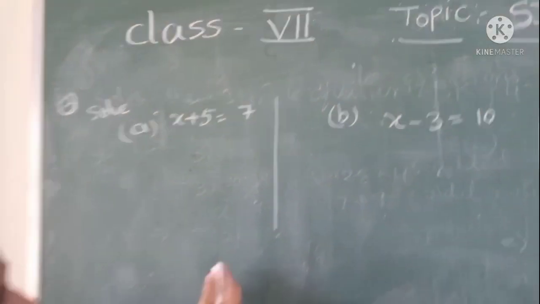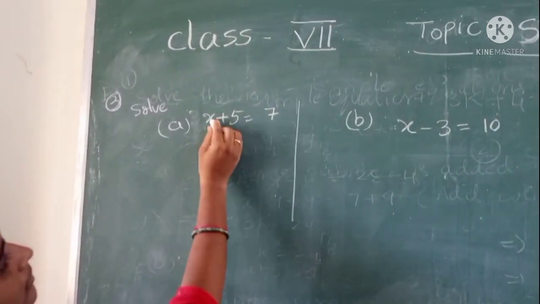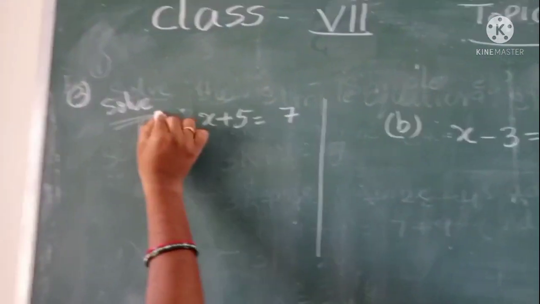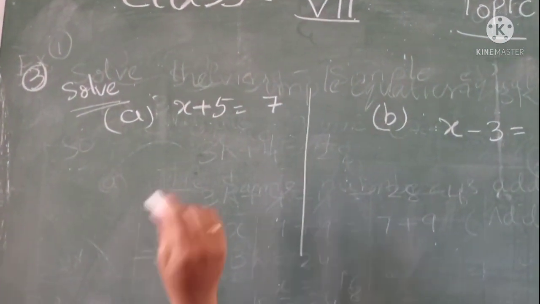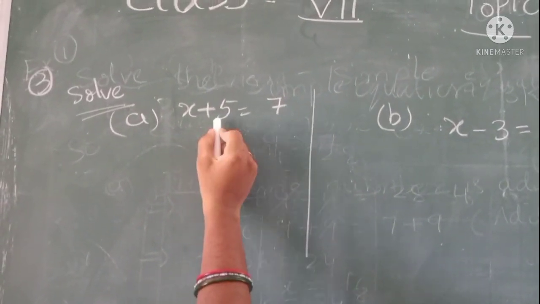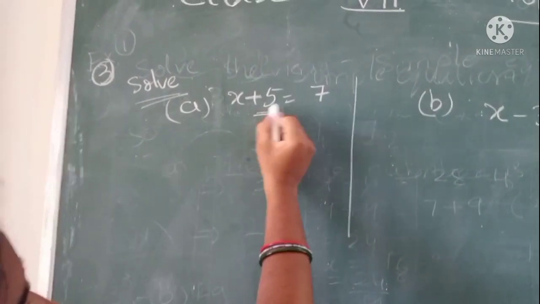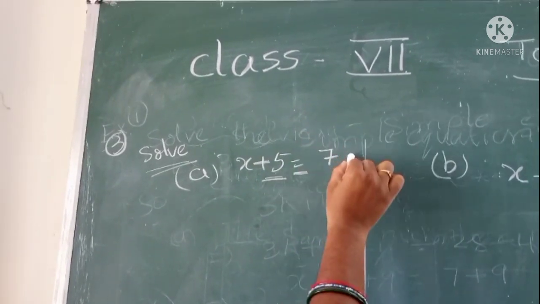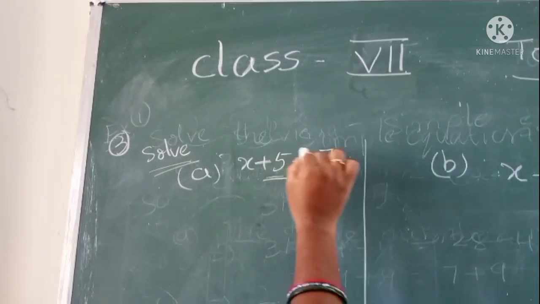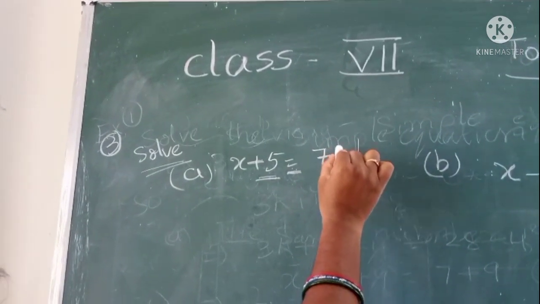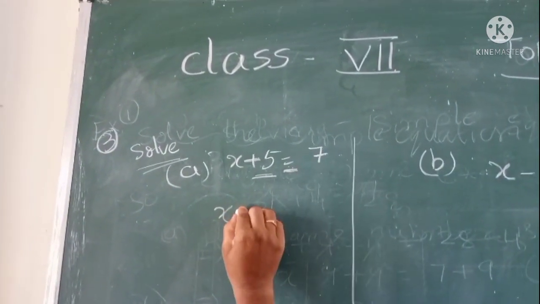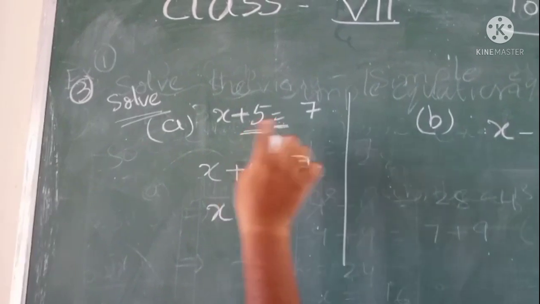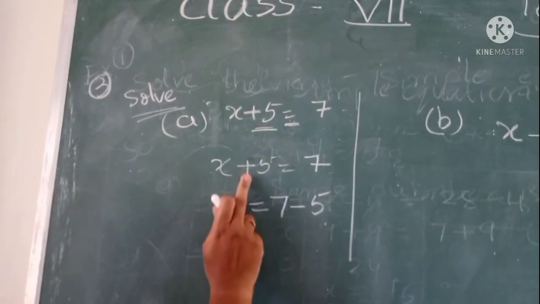See, these problems I have already told. Another simple equation: x plus 5 equals 7. Solve for the x value. In this problem, plus 5 is the quantity. A plus quantity becomes a minus quantity when it moves to the other side of the equals sign. So x equals 7 minus 5, since plus 5 becomes minus 5.